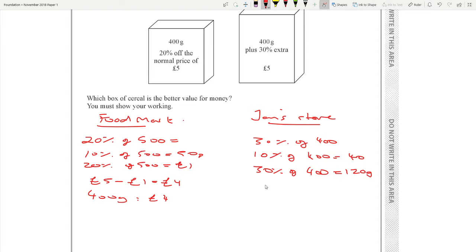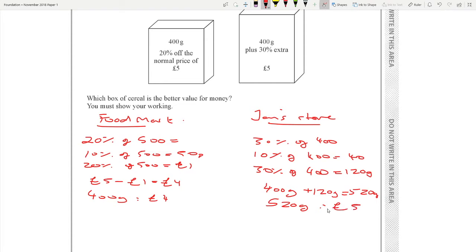So therefore we need to do 400 grams, add the extra 120 grams. 120 grams, they get 520 grams. So for 520 grams, it costs them £5.